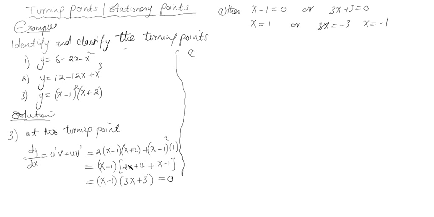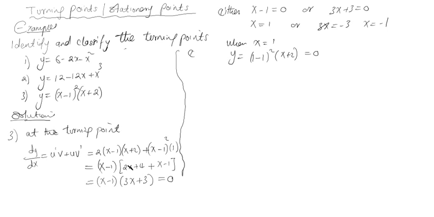So again, when x is 1, what is y? y becomes (1 minus 1) squared multiplied by (x plus 2). This gives you a 0.